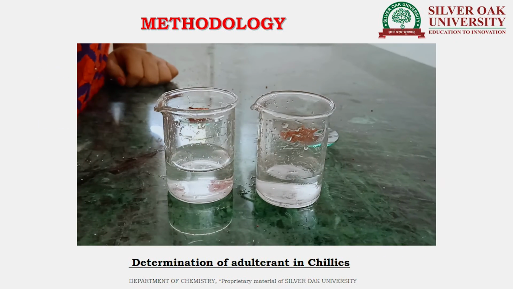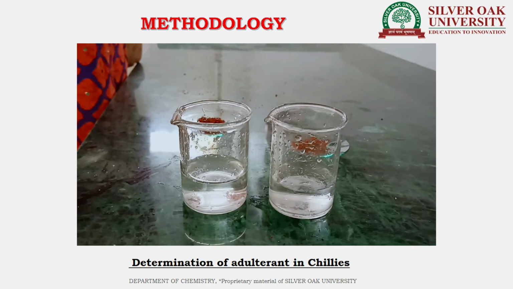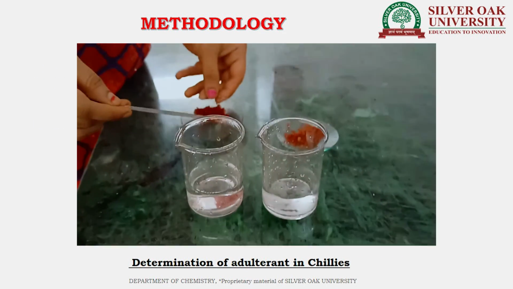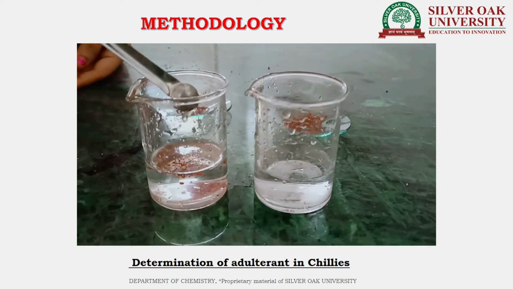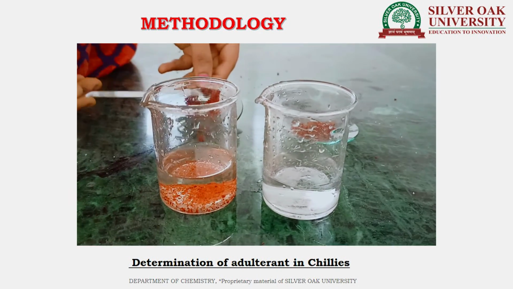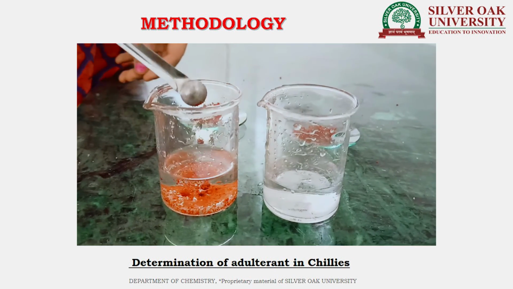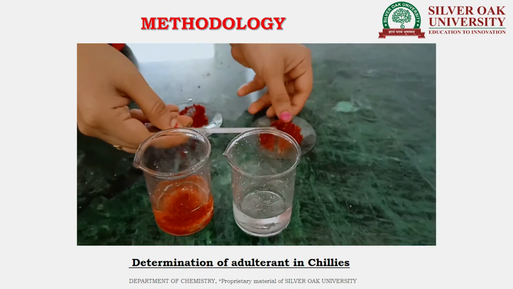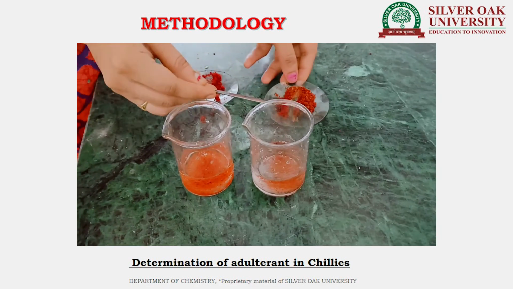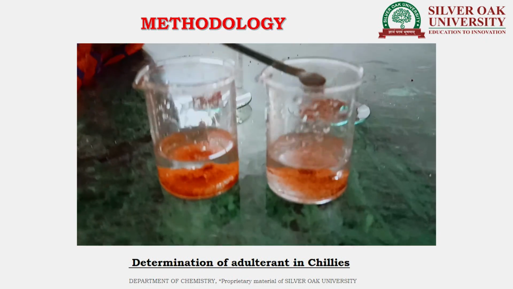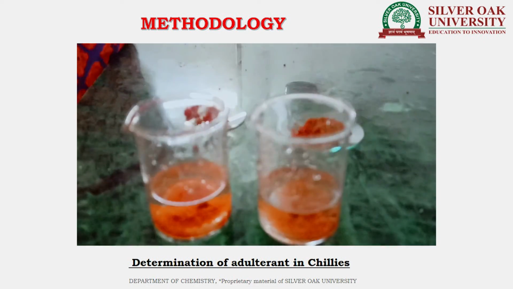Let us test the presence of brick powder. For that, we will add the sample of chili powder in water. Similarly, we will also add the second sample of chili powder in the water and observe the solution.